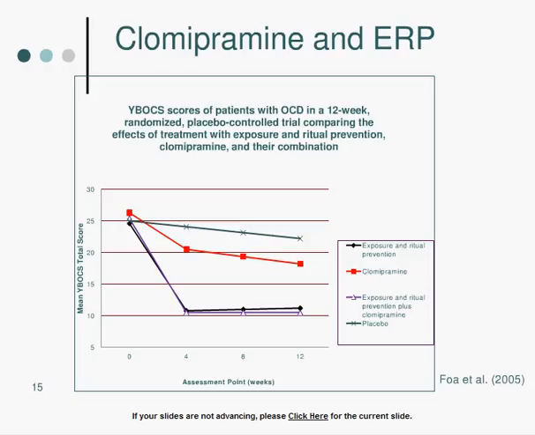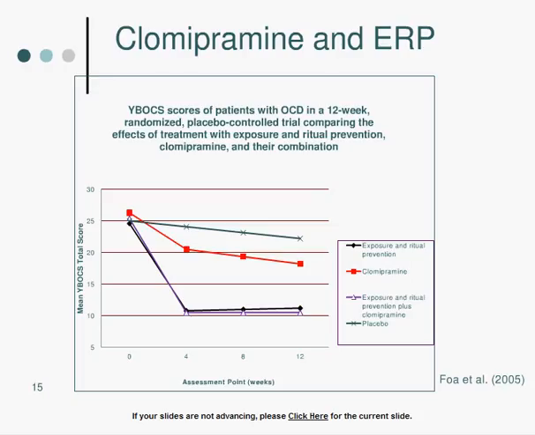And in this study by Edna Foa, a number of different treatments were compared. So the green line here is placebo, the red one is clomipramine, the purplish one is exposure and ritual prevention plus clomipramine, and the really dark black one is exposure and response prevention.